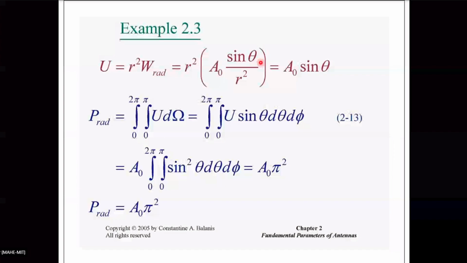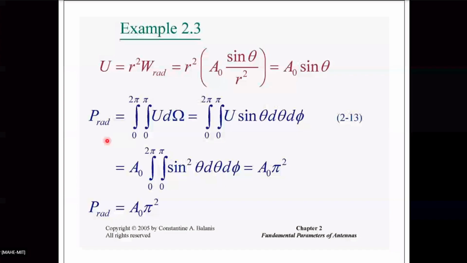So it is A naught sin theta. Now if you want to find P rad, instead of elemental area, you take elemental solid angle. U into d omega, U into sin theta d theta d phi, theta from 0 to pi, phi from 0 to 2 pi.